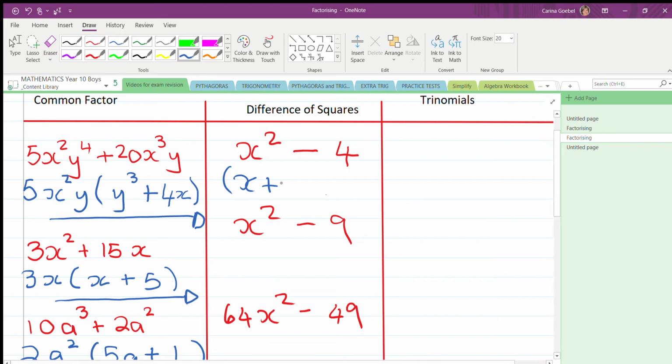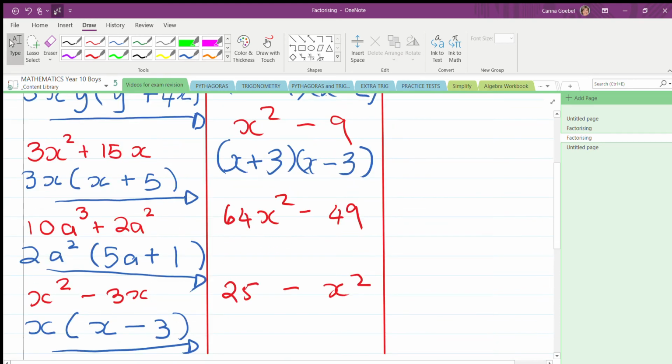Sometimes good to make mistakes and learn from them. X plus 2, x minus 2, because the square root of 4 is plus 2 and minus 2. Next one, square root of 9 is 3, so we'll have 3 there, so I don't make that mistake again. X plus 3, x minus 3.